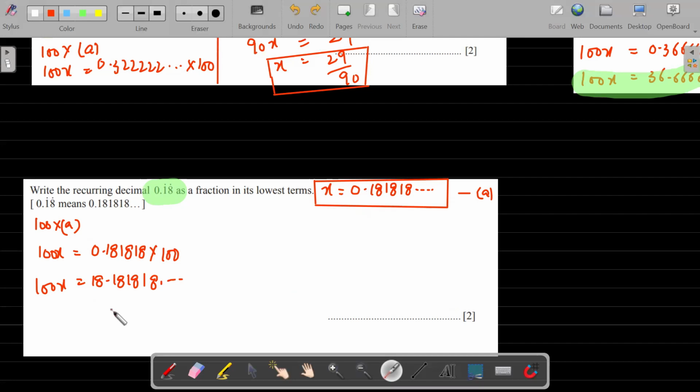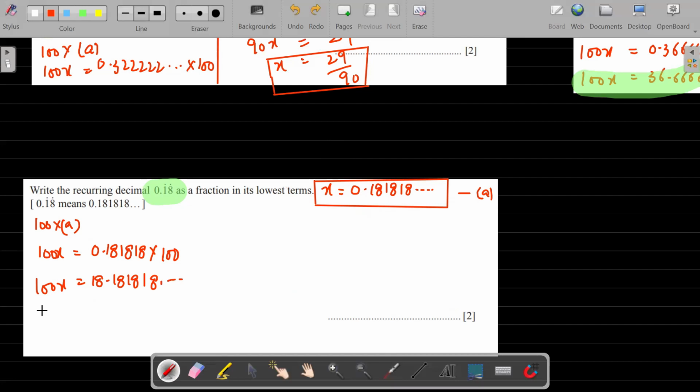The decimal part is the same. So what will I be doing? I have used a different method for the previous equations. I multiplied them by 10 as well to remove my decimal part. Here I am not going to multiply it by 10. I will directly subtract so that I can make my calculation as easy as possible.